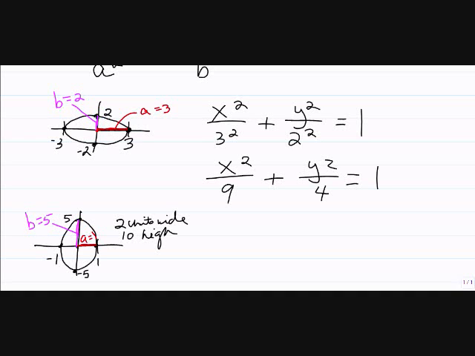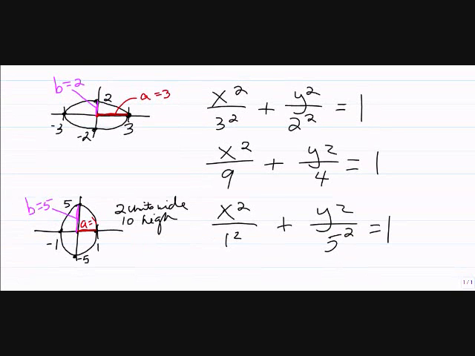So its equation is x squared over a squared, 1 squared, plus y squared over 5 squared equals 1. So 1 squared is 1, x squared over 1 is x squared, so we usually write this one as x squared plus y squared over 25 equals 1.